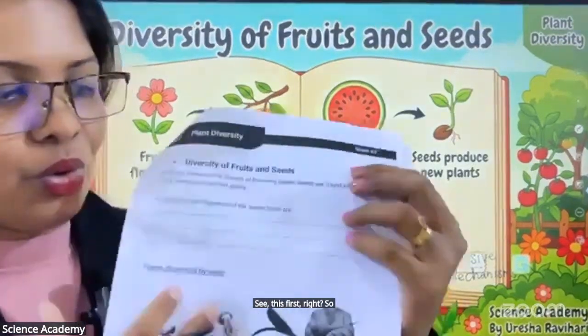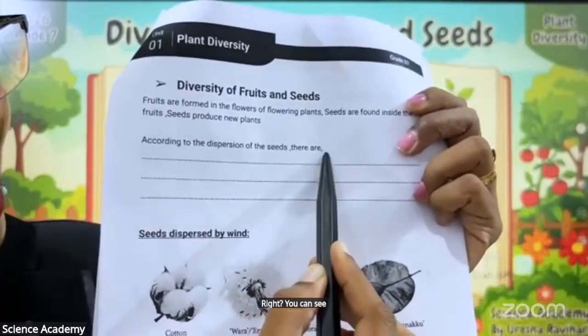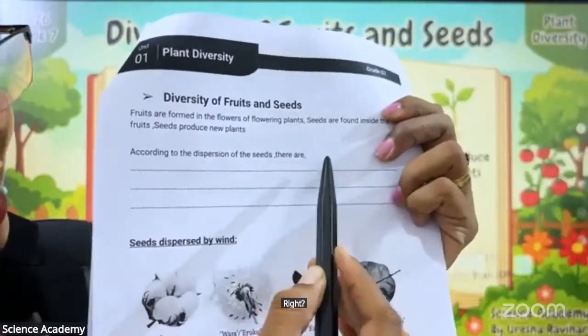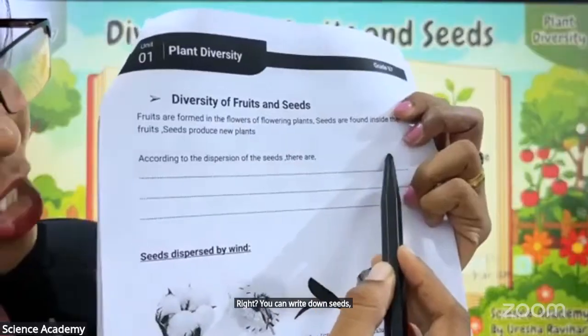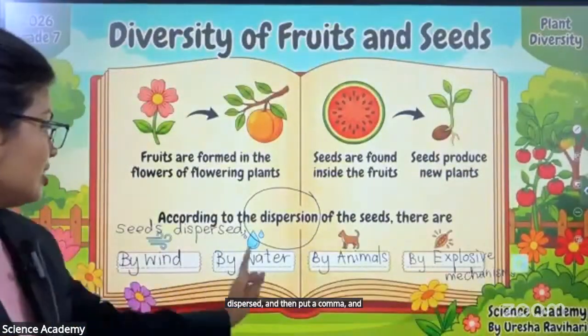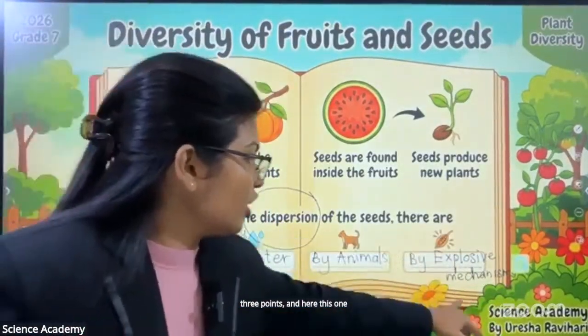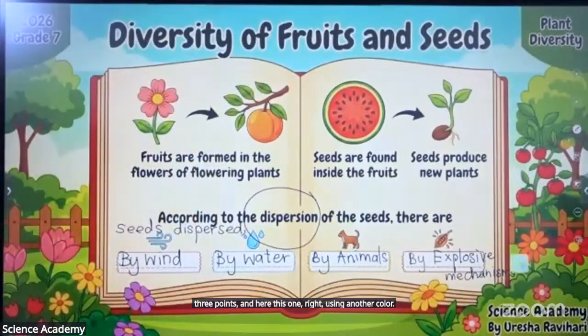So, to this sentence, right? You can see this sentence. You can write down seeds dispersed and then put a comma and write these 3 points. And write this one using another color. What is the reason?